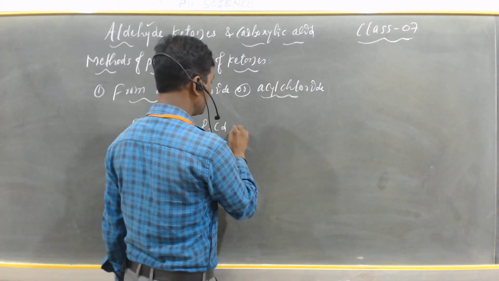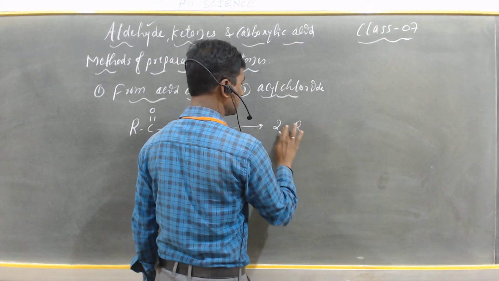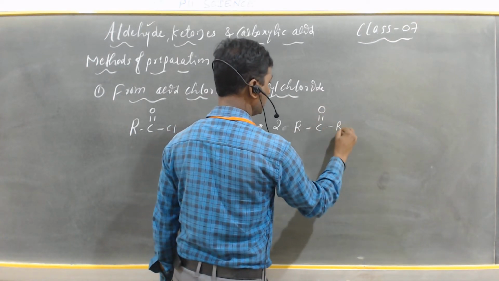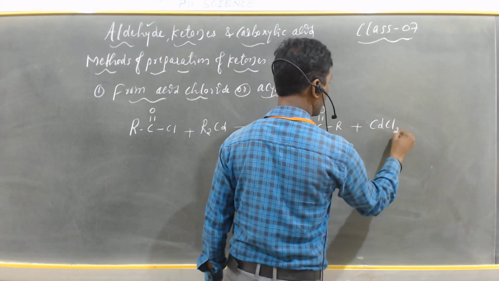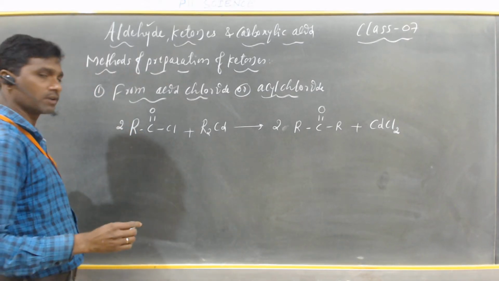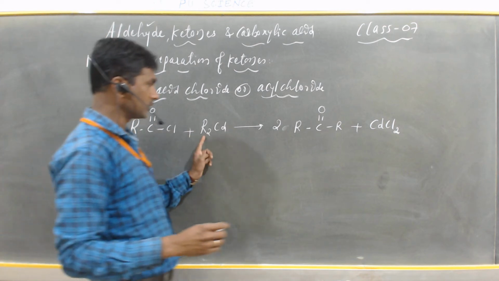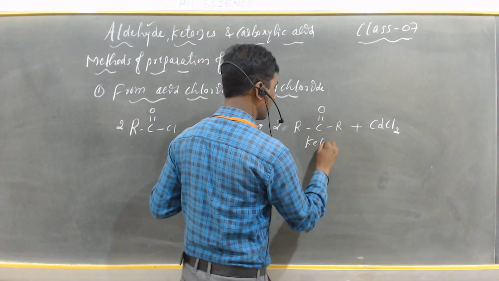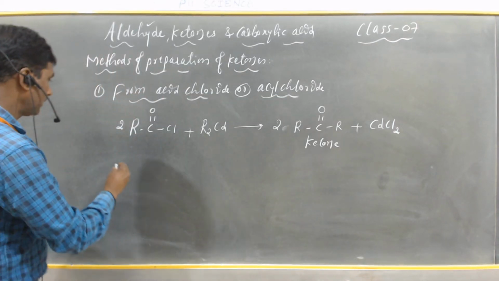By this we can get RCOR plus cadmium chloride. So this acid chloride reacts with dialkyl cadmium, and we can get RCOR. This RCOR is called ketone.